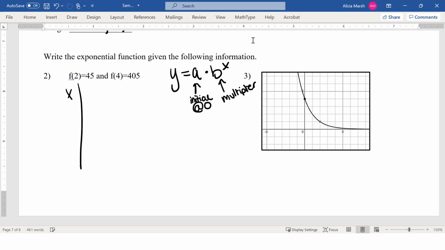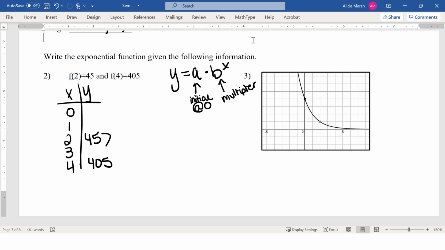So first thing I like to do is make a table. So I'm going to make myself a table, and I'm going to make sure I start with 0 each time. Otherwise, I do get lost. 2 is 45. 4 is 405. Now, what I need to do is figure out my multiplier. But the multiplier has to be a perfect multiplier, so basically you're going by ones on the x value.